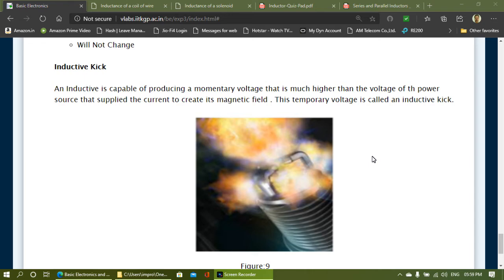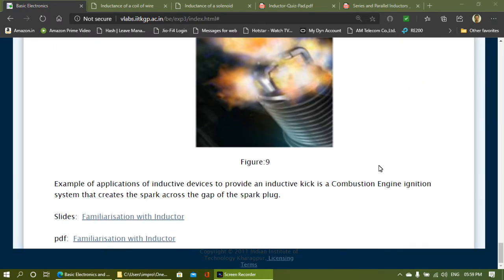Okay, so this is one common igniter example. This temporary voltage is called an inductive kick. An application of an inductive device providing an inductive kick is a combustion engine ignition system that creates a spark across the gap of the spark plug.